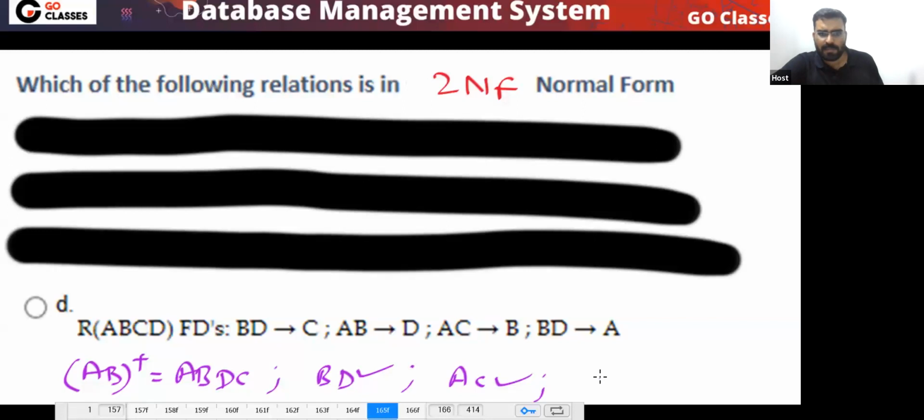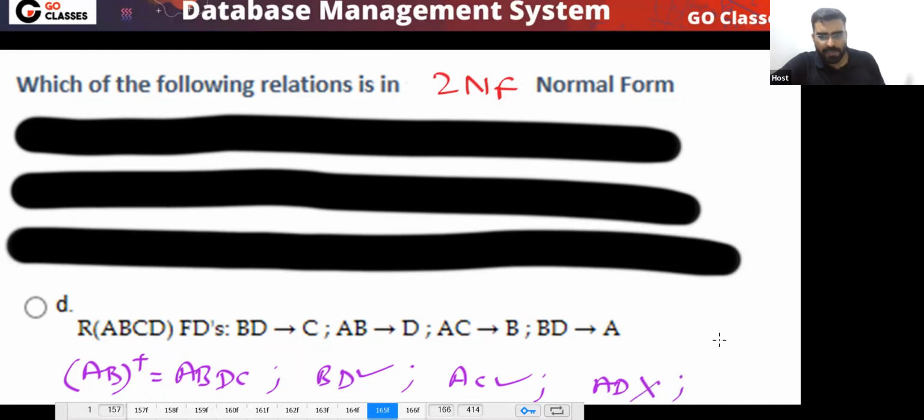What else? What about AD? If you find out AD, that is only AD, nothing else. So AD is not a candidate key.